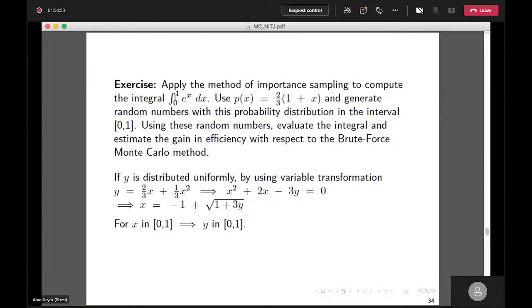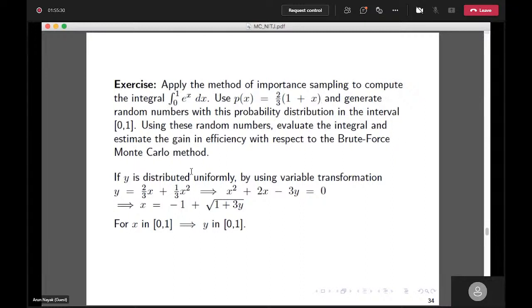Now we want to do this using Monte Carlo simulation, so you can use a PDF p of x equal to 2 by 3 times 1 plus x, and generate random numbers using this probability distribution between 0 and 1. Using these random numbers, evaluate the integral using the importance sampling method that I discussed, and also check the accuracy with respect to the brute force method.